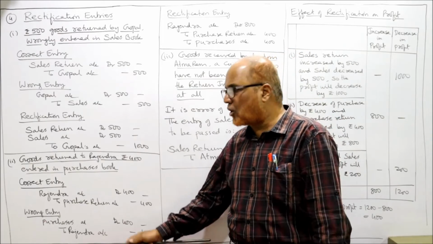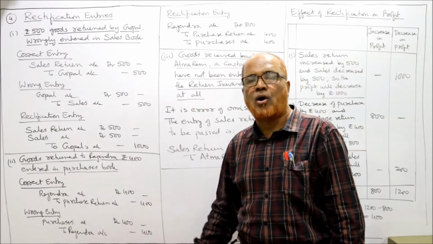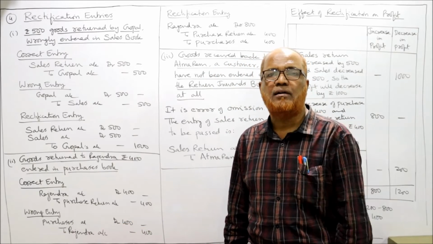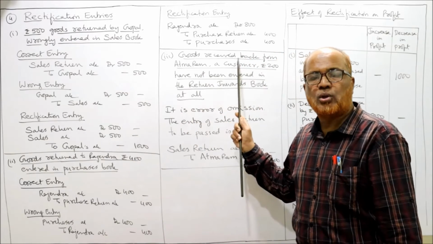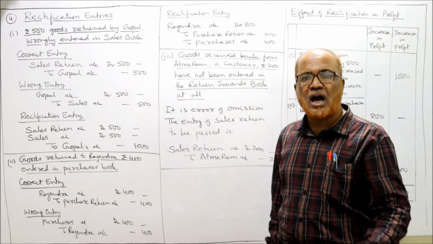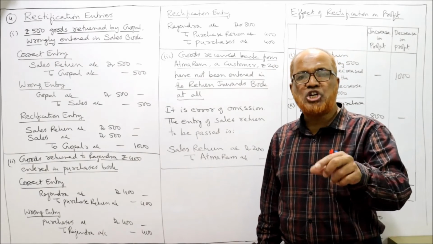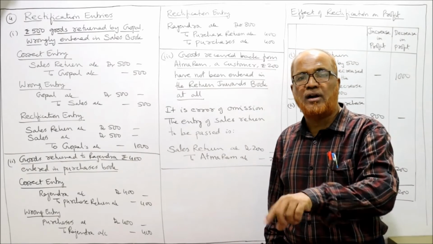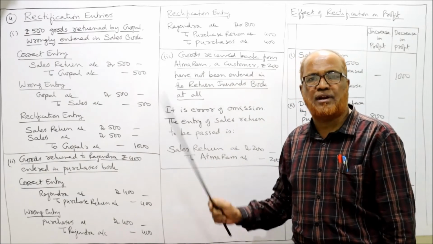Now purchases account by mistake we have debited. In the wrong entry, purchase account by mistake we have debited. Now we have to credit purchase account. So the rectification entry: Rajendra account debtor 800 rupees, purchase return account 400 rupees credit, and purchases account 400 rupees credit.